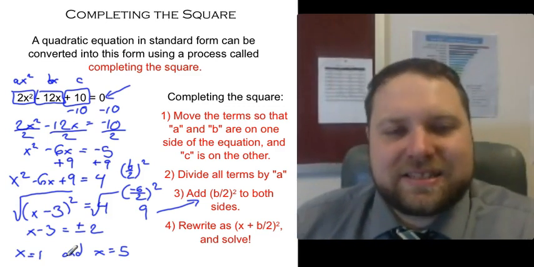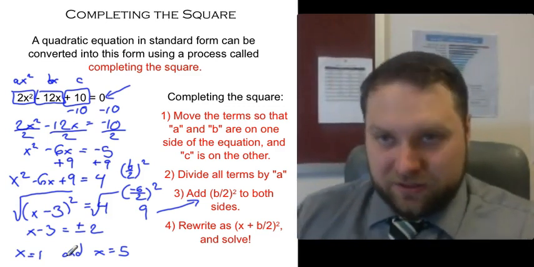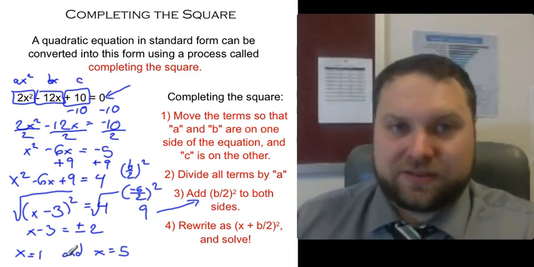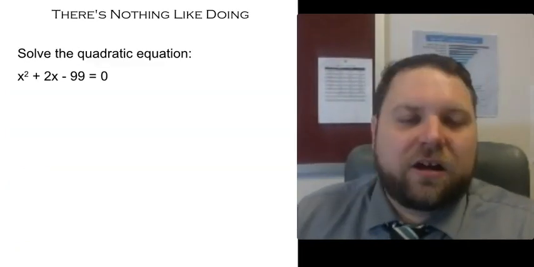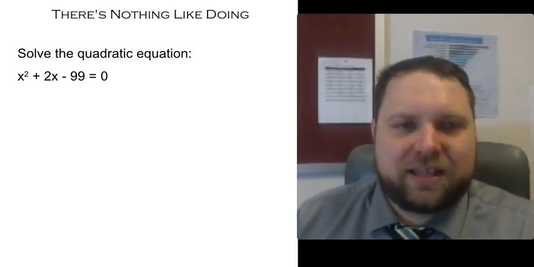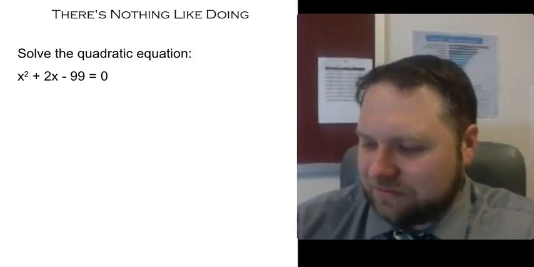And that process is called completing the square. So what we're going to see from here to the rest of the video is just examples of what this looks like. Our first example, we want to solve the quadratic equation x squared plus 2x minus 99 equals 0.